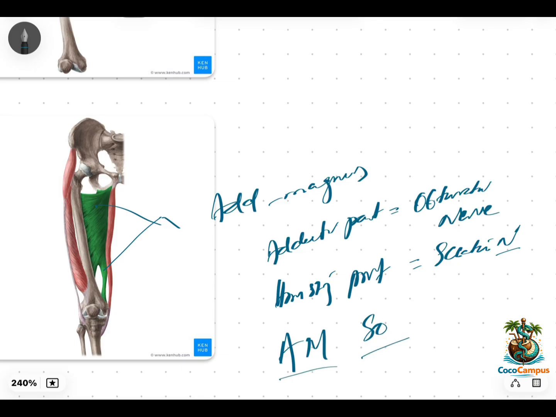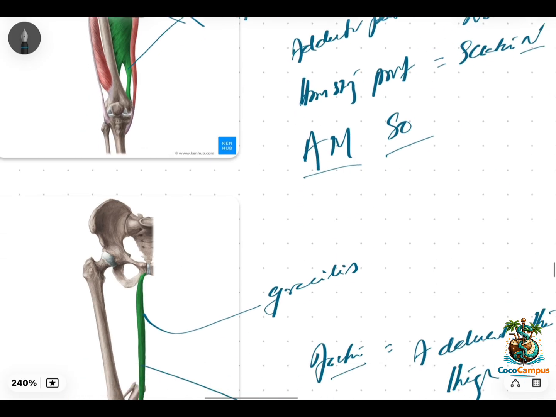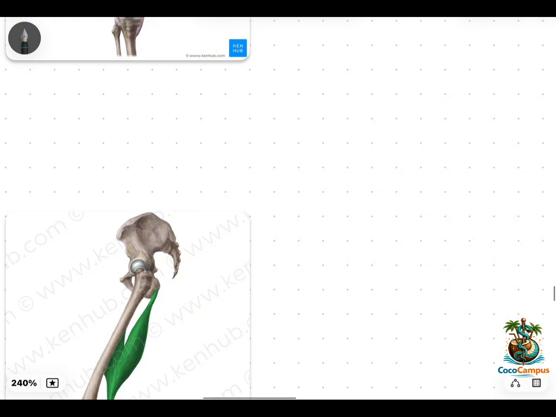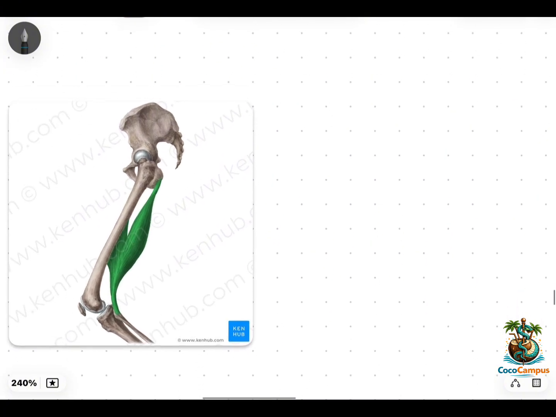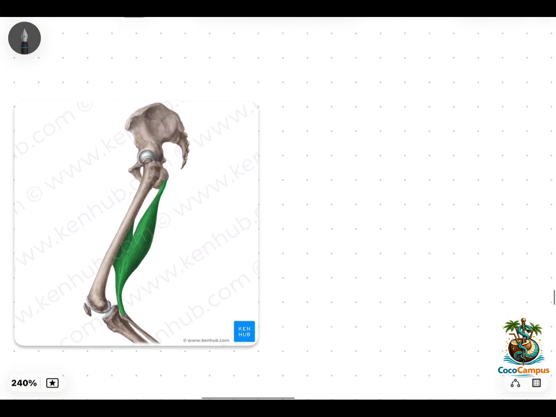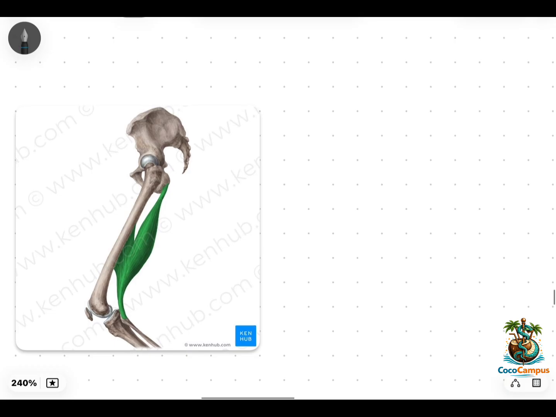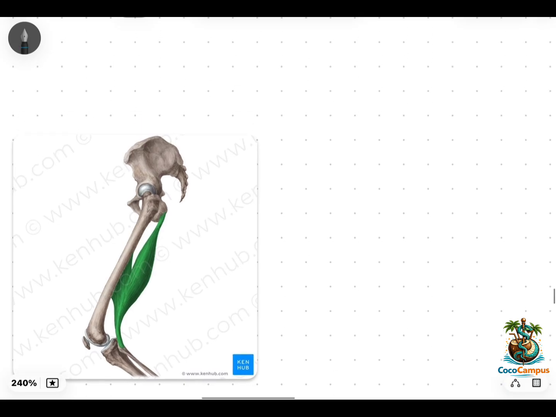Okay, moving on towards the posterior compartment, the hamstring heroes. Let us look at the biceps femoris. So, once again, before we go into the muscles, let's talk about who is innervating them.